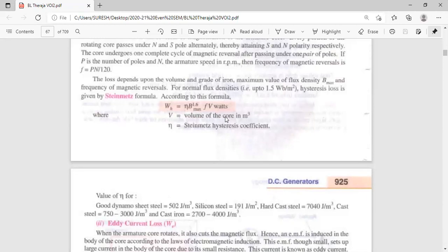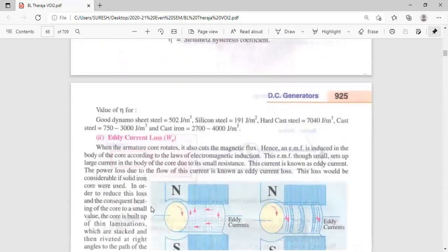Have you written this formula? Yes, sir. Okay. Now come to the eddy current loss. He also proposed one more formula.